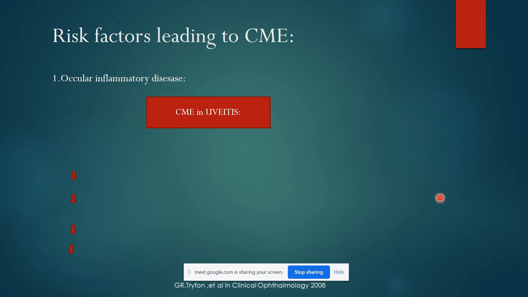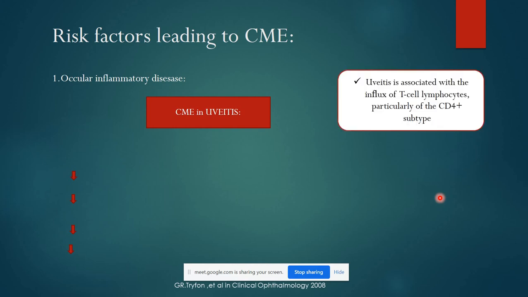Other risk factors that lead to CME are ocular inflammatory diseases. In the case of uveitis, there is a higher association, because of infiltration of T cell lymphocytes and the CD4 plus subtype.